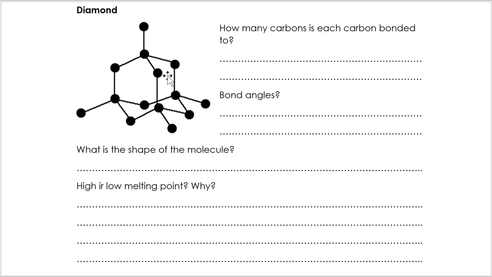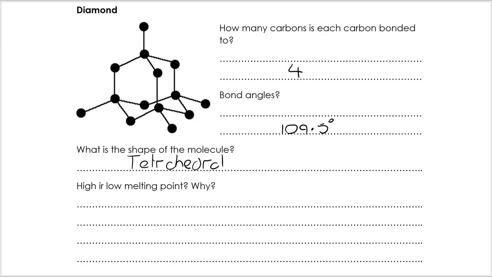It's billions, trillions, quadrillions of times bigger than this. But each carbon is bonded to 4 other carbons. Now from our shapes of molecules knowledge, we know that that means the bond angle will be 109.5, and we know that diamond has a tetrahedral structure.